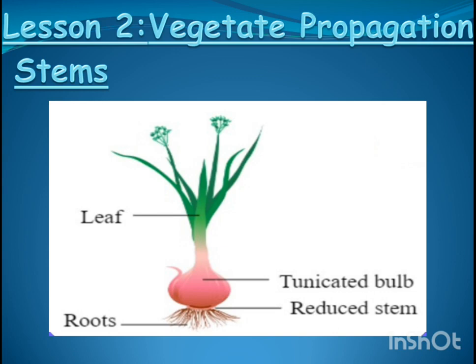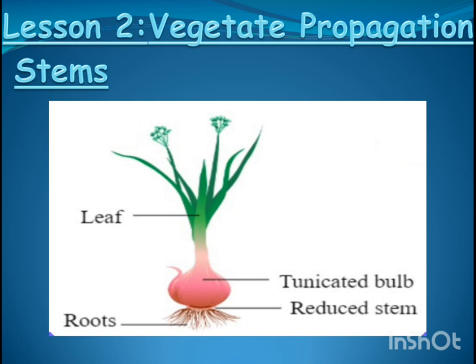They have fleshy scales that store food. If you take an onion and cut it into pieces, you can see the scales on it, isn't it, children? When this bulb is sown into the soil under favorable conditions, it starts growing roots as well as shoot. So these stems grow under the ground.